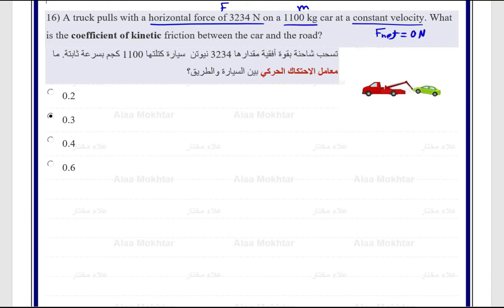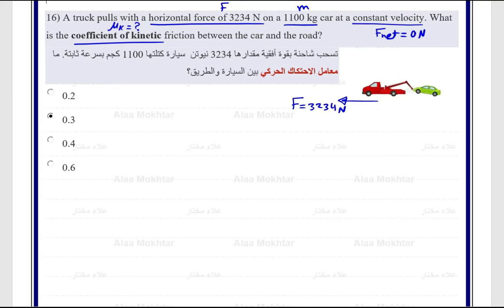It means the right side force equals the left side, the up equals down. What is the coefficient of kinetic friction, mu k, between the car and the road? If you look at the figure, there is a force on this side equal to 3234 Newton.